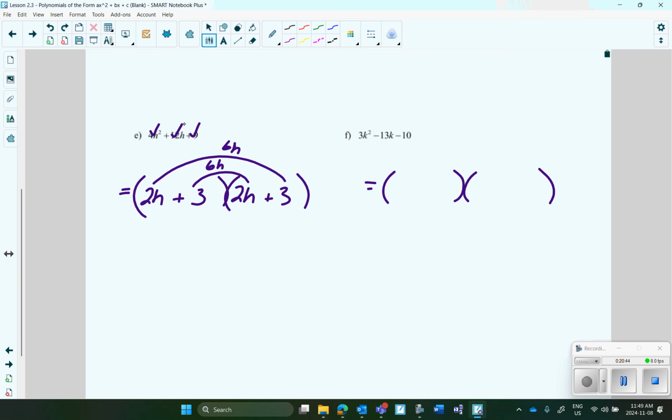Just out of, this is right. But how would you write this simplified? What's so special about these two binomials? They're the same. Yeah. In this case, you could just write one of them and then just put squared.